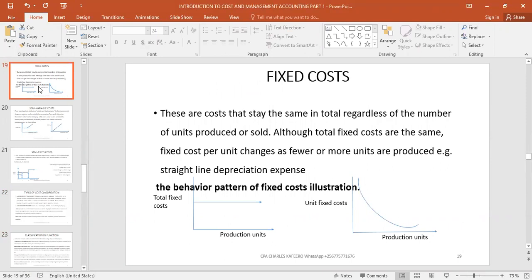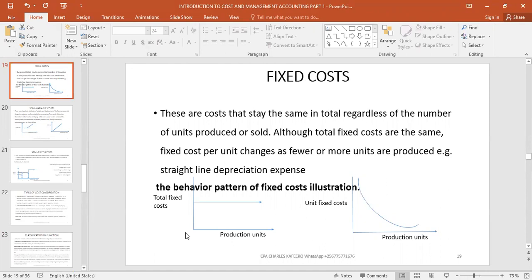The cost behavior pattern is a bit challenging, because at a certain point you may find they have given some calculations, and you have to see how you can draw these graphs using graph papers and all of that.